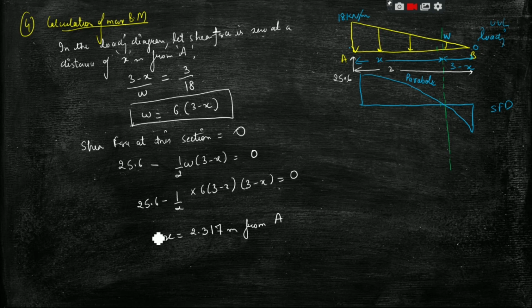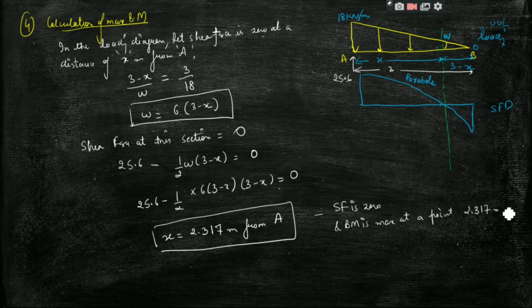So this means shear force is 0 and bending moment is maximum at a point 2.317 meter from A. Now I know the distance of this point, so I can say that x is equal to 2.317, and I can calculate the maximum moment at x equal to 2.317.